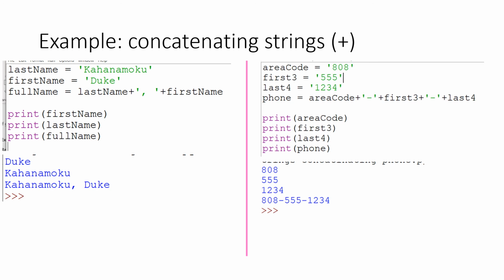So that's what the variable phone looks like in memory. So code those 2 programs, put the title string concatenation, and paste your screens with your own examples.